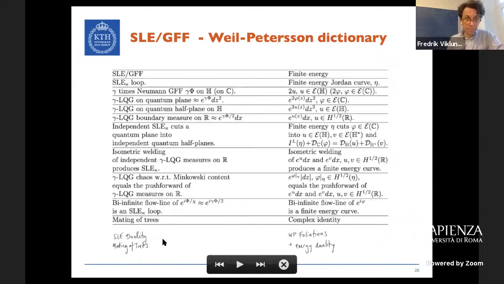And then in the next hour, you will hear about a continuation of these stories, where on the left-hand side we have SLE duality and this mating of trees framework, and on the right-hand side we have these Weil-Petersson foliations and energy duality.